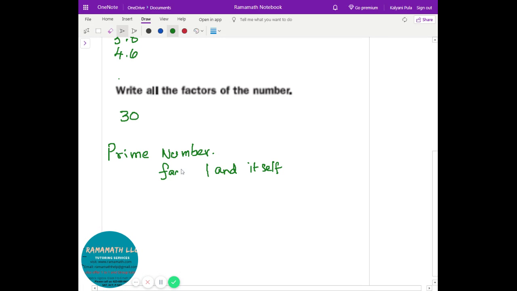And the other kind is called a composite number. A composite number is basically any number other than a prime number. So let's look at some composite numbers and prime numbers, so you can tell me whether each is a prime number or composite number.